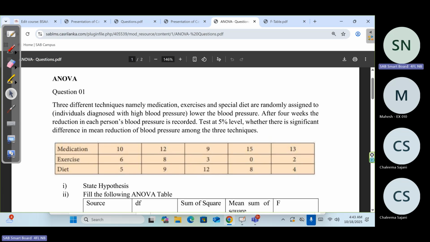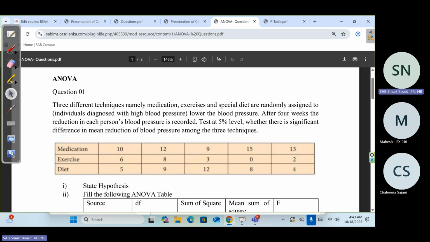Understood? Okay, then here this table shows the blood pressures for the 3 techniques. First technique medication, then the exercise. We mentioned the 4 weeks reduction in each person's blood pressure.